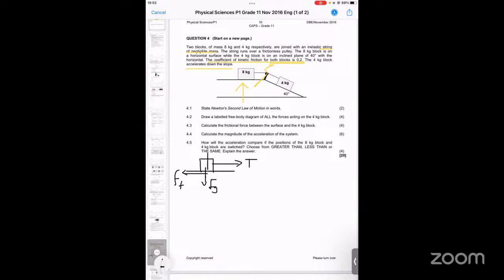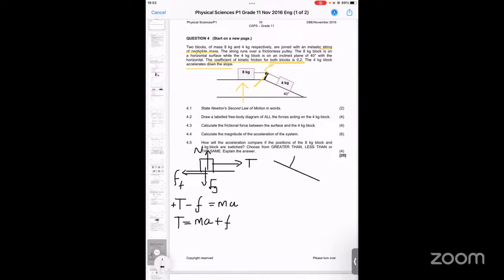Do you agree there, Didintle? Yes, sir. So that means we have tension, which is positive because it's towards the right, minus frictional force, and this equals MA. So tension equals MA plus the frictional force. Do you agree there? Yes, sir.